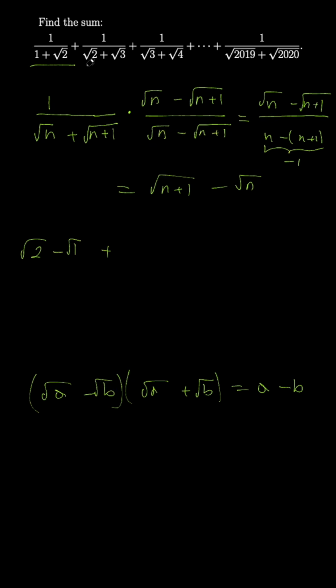And then the next one, here, instead of this, I write square root of 3 minus square root of 2. And square root of 4 minus square root of 3. And so on, up to square root of 2020 minus square root of 2019.